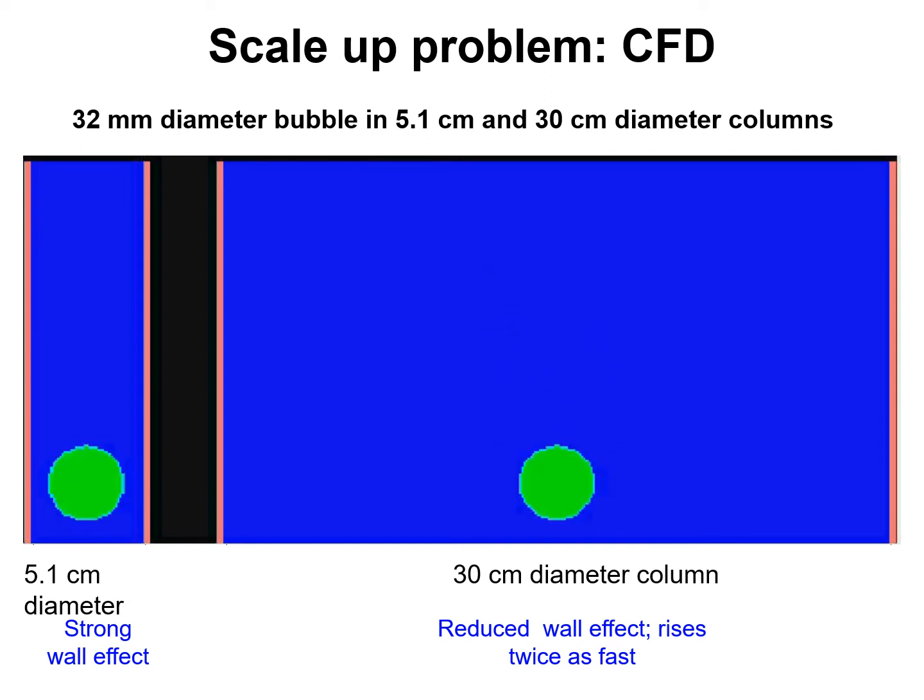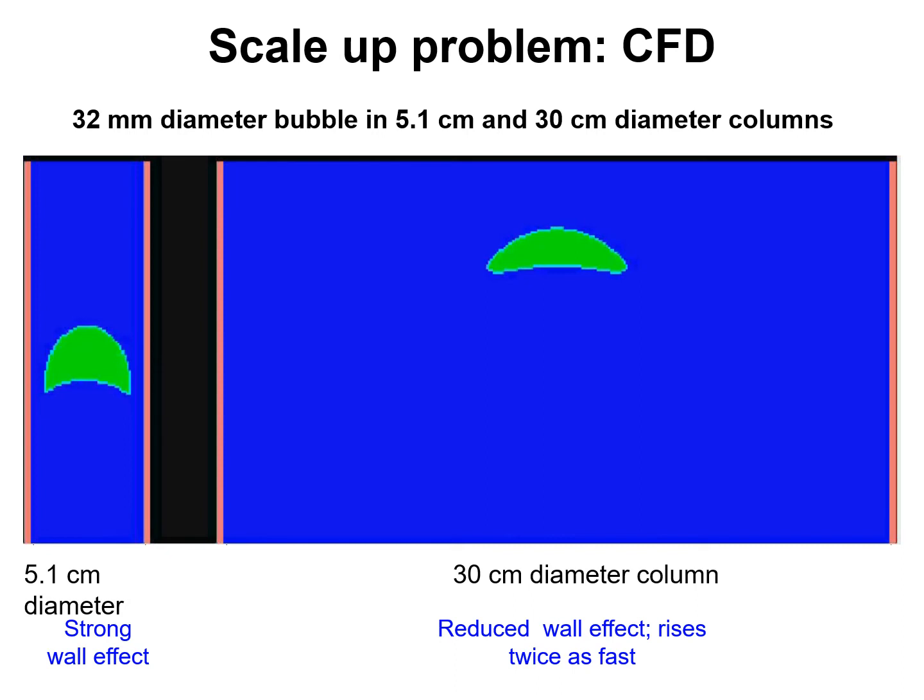We note that the bubble of 32 millimeters rises faster in a 30 centimeter column than it does in a 5 centimeter column. This is because of the wall effects that tend to exert a drag on the bubbles, whereas a single bubble in a very large diameter column is free from wall effects.